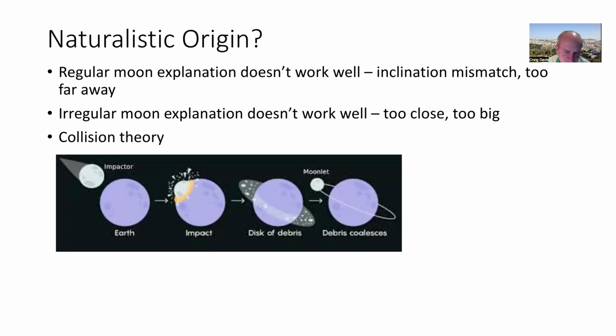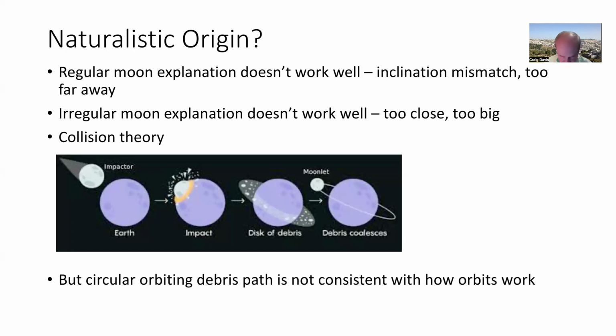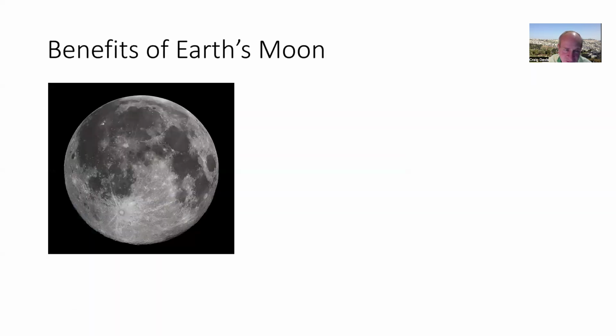So the debris would have to be far away, and then the whole idea of the debris coalescing is questionable. And I'm going to talk about that a little bit later when we get to some other moon. But anyway, that's the naturalistic theory of Earth's moon's origin. It doesn't work very well, I don't think.